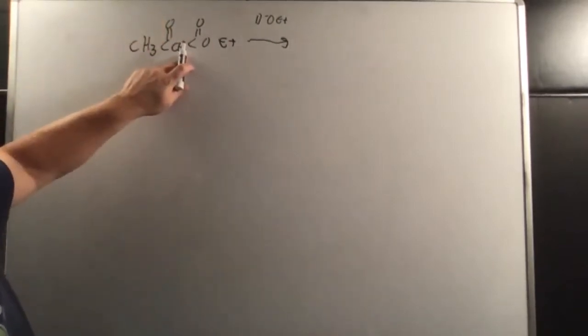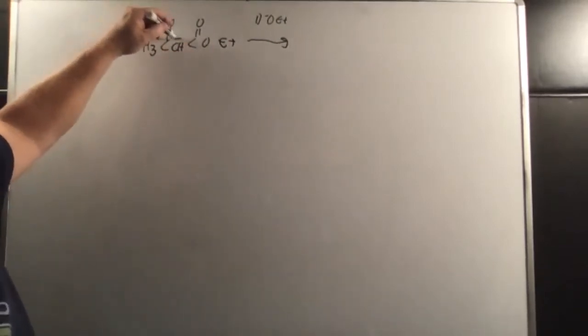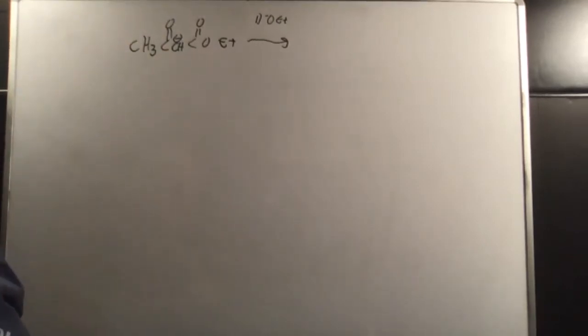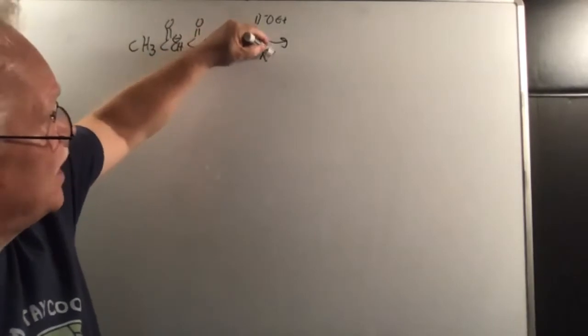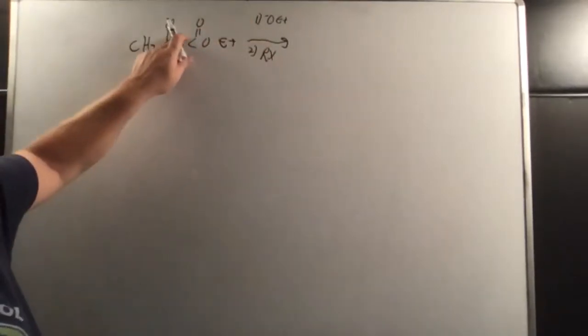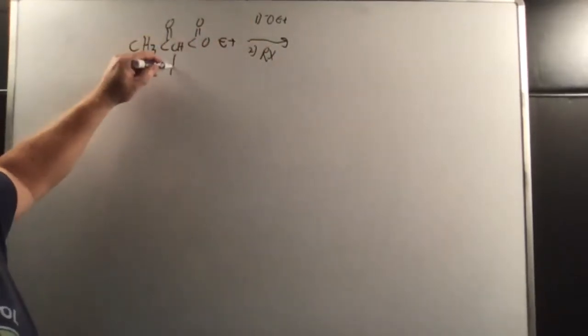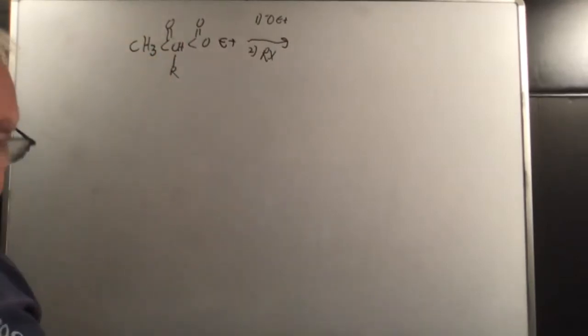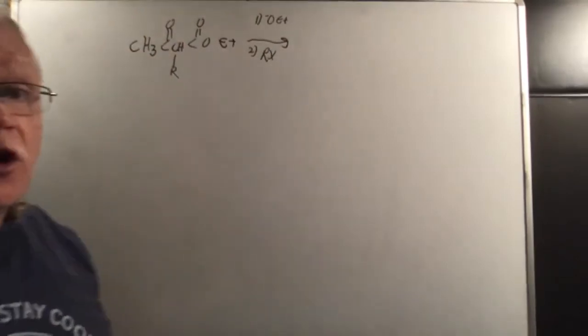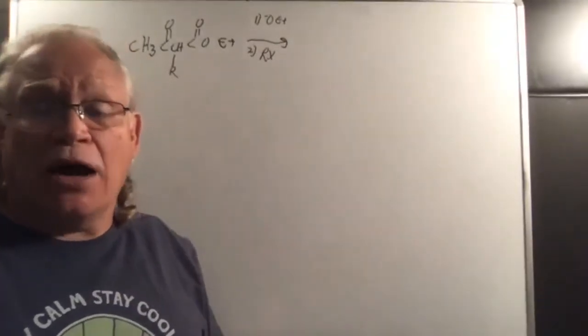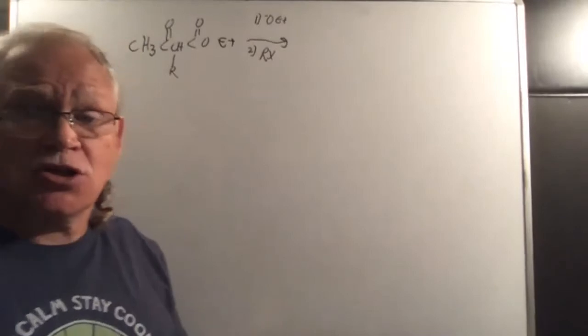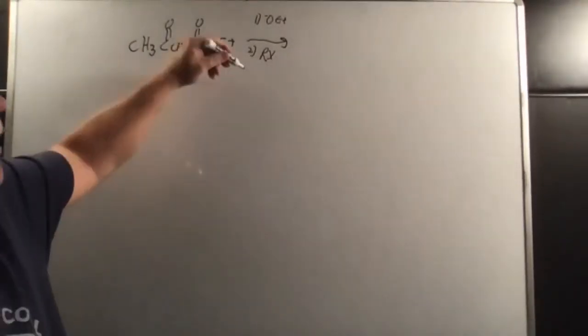Again, this is the most acidic hydrogen, so we deprotonate it, then we treat it with an alkyl halide that does what? Puts the R group on there. Again, we can do this twice, or we can stop with just one alkyl halide. So in this example, I stop with one alkyl halide.